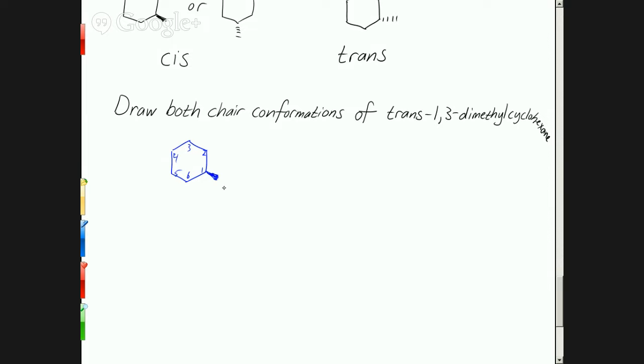Then we'll draw a CH3 on 1 and 3. One has to be on a wedge and one has to be on a dash. That's called trans, because they're on opposite sides of the ring, like one is in front of the ring and one is in back of the ring.